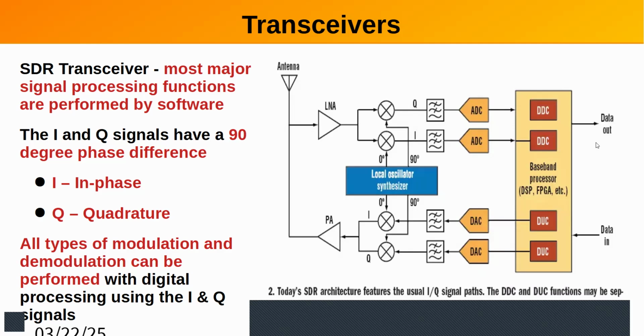A DDC and a DUC. This is all the stuff that's in that FPGA that's doing all the digital processing, the digital filtering and the Hilbert transform and all that good stuff. Eventually you get data out or you're putting data in and getting it back to the analog world.